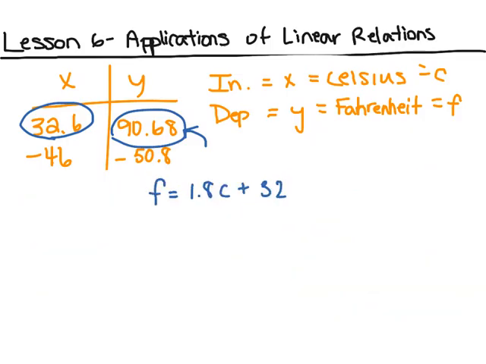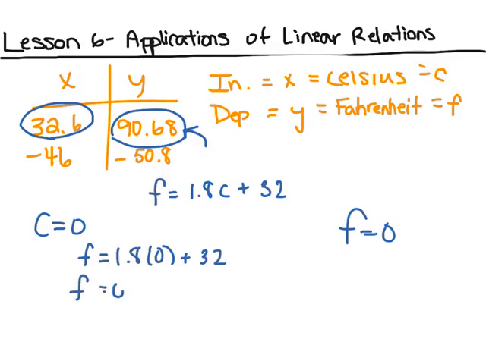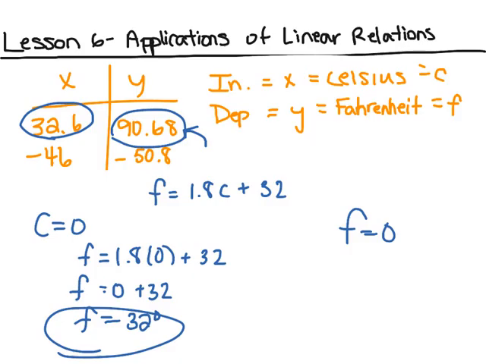So for part B, we want to find the degrees in Fahrenheit when it is 0 degrees Celsius. So we're going to make C equal to 0. But I also want to find when F is equal to 0, so we're going to do it for both. When C is equal to 0, F is equal to 1.8 times 0 plus 32. So F is equal to 0 plus 32. F is 32 degrees outside. So 0 degrees Celsius is 32 degrees Fahrenheit.